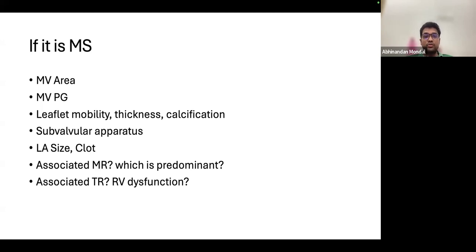If there is associated MR, which is predominant, whether the patient has more predominant MS or MR pathology. And then we have to see other valvular pathology also. For the backward pressure, if there is any RV dysfunction or associated TR. So these are the things that you have to see if there is MS.